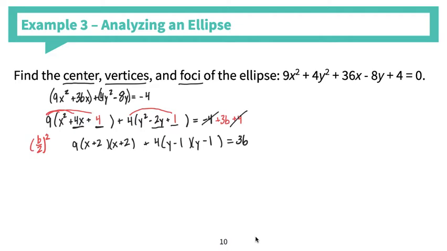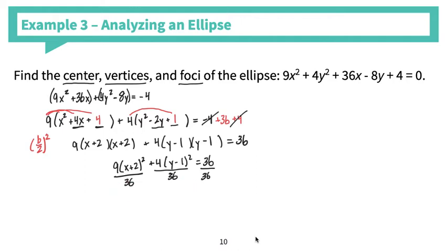So what I actually want to do is write this in simplified form. So I have 9(x + 2) squared plus 4(y - 1) squared equals 36. Now one more thing that we need to do, remember that an equation for an ellipse always has to equal 1. So I need to divide everything by 36 so that my right side actually equals 1.